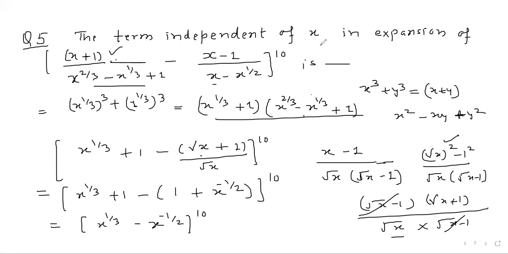And we have to find the term independent of x. So let's write its general term, and then we can equate the power of x to 0. So for that, we write T r plus 1 equal to 10 C r, x power 1 by 3 whole power 10 minus r, times minus x power half, power r.